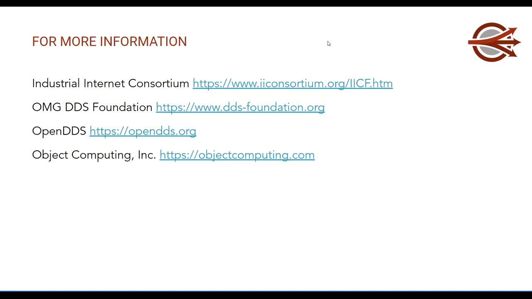And so the DDS spec itself does not have a way to do XML-based configuration. However, there's add-on specifications that have happened over time that do provide ways to do that, and OpenDDS has support for that as well.